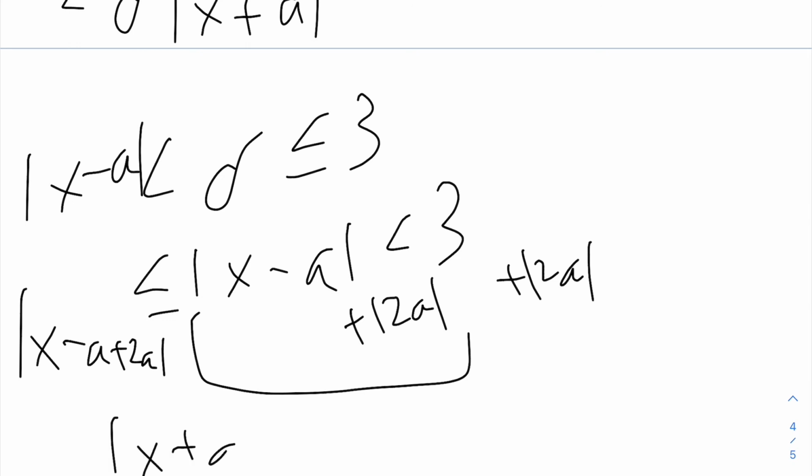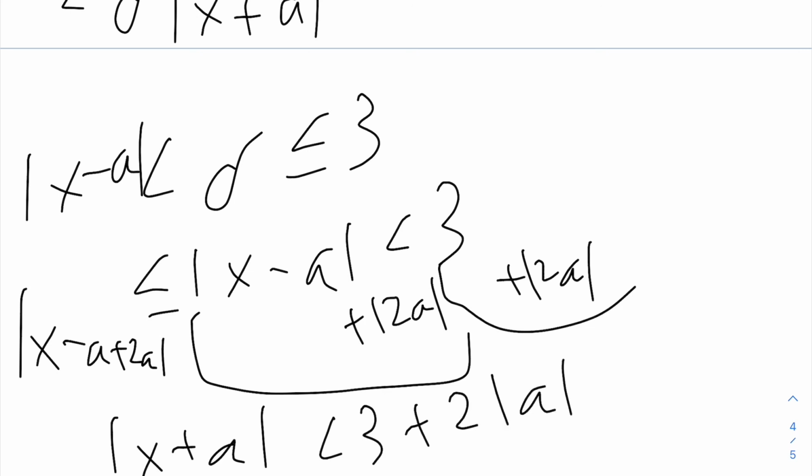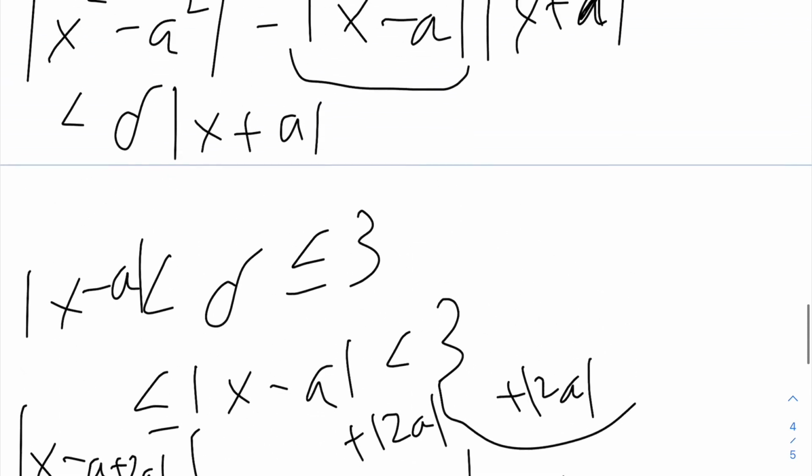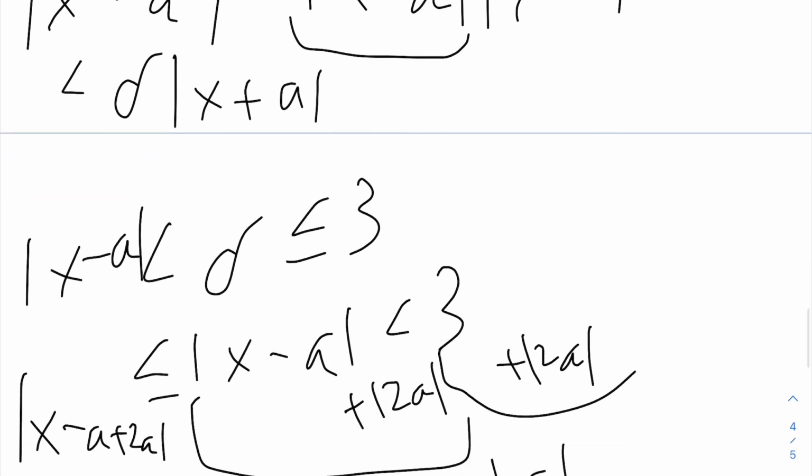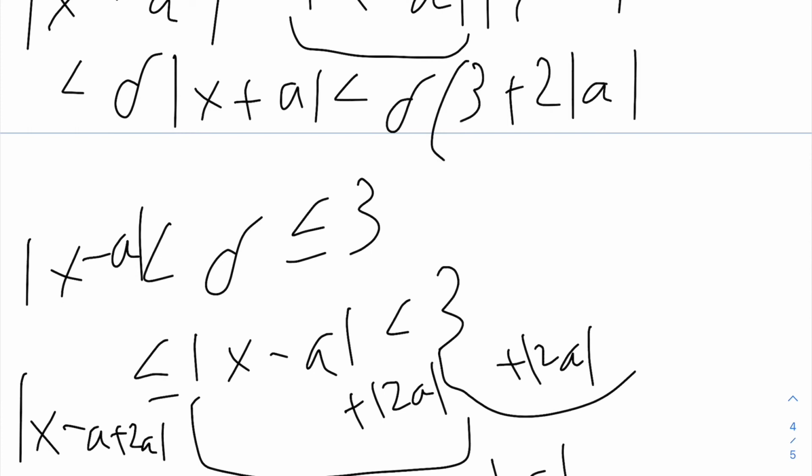So |x + a| is less than 3 + |2a|. So now we know that this is less than delta times (3 + |2a|). And again, we are able to set delta in terms of a as well, because we're treating a as constant.